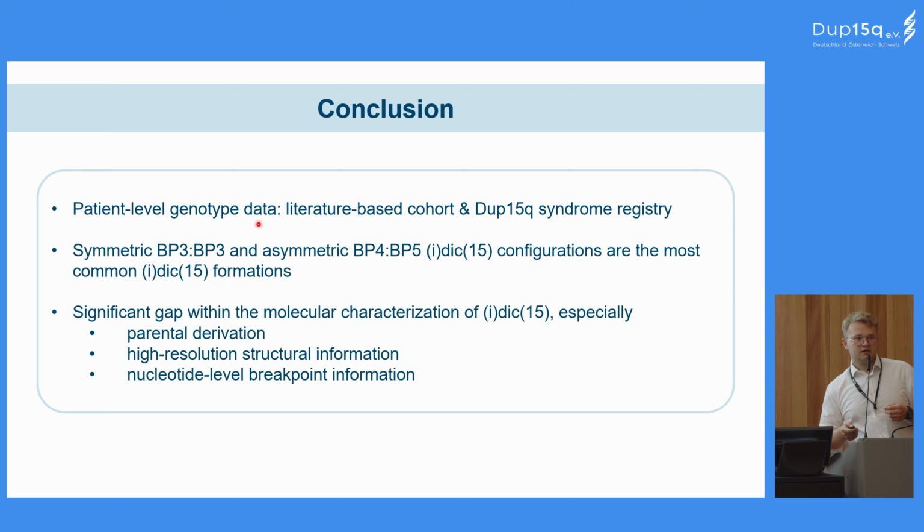But there are also some significant gaps within the molecular characterization of the EDIC-15, especially regarding the imprinting, the high-resolution structural information of the EDIC-15, and also the nucleotide level breakpoint information involved in EDIC formation.